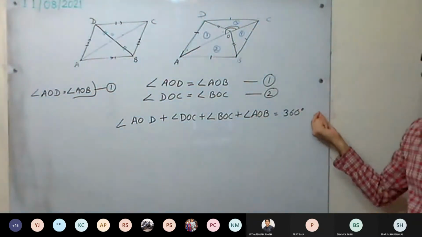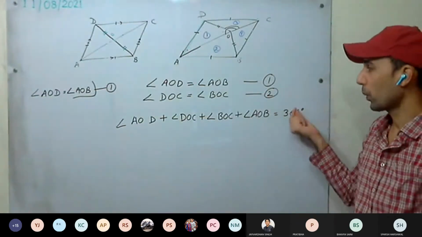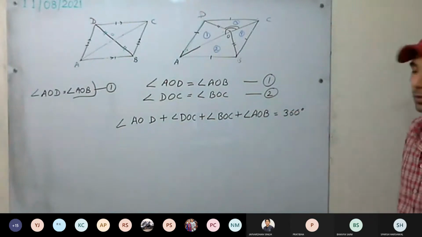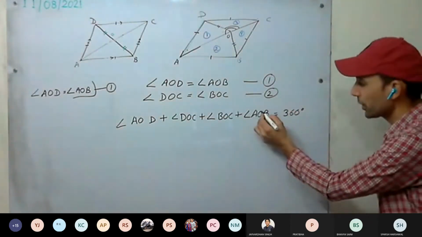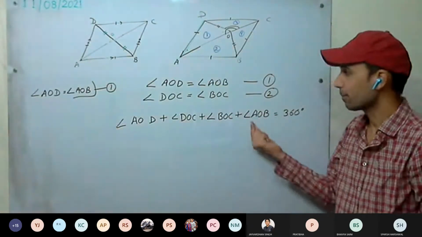Then you can write in brackets the reason: angle around a point is 360 degrees. We can start from here or go the other way, that's up to you.